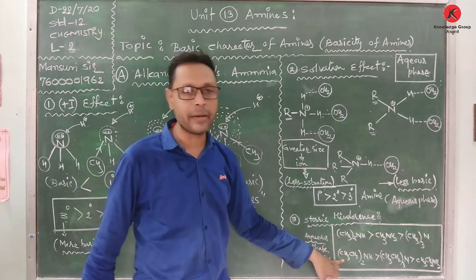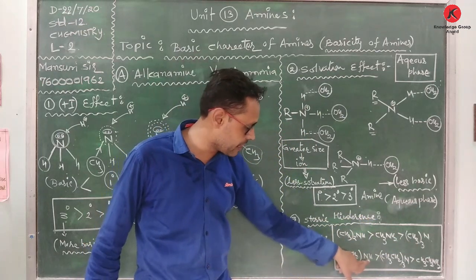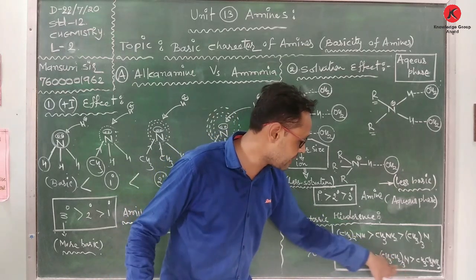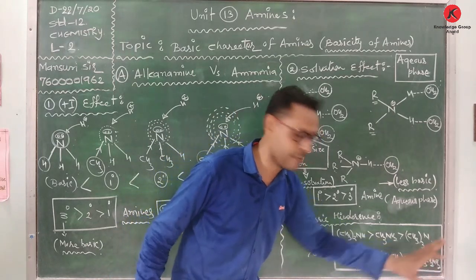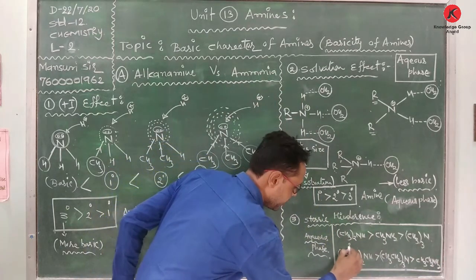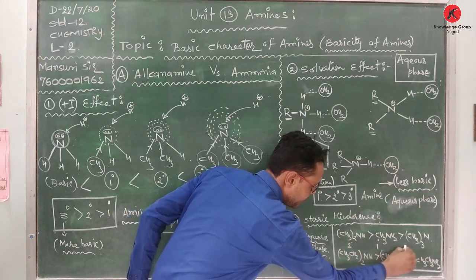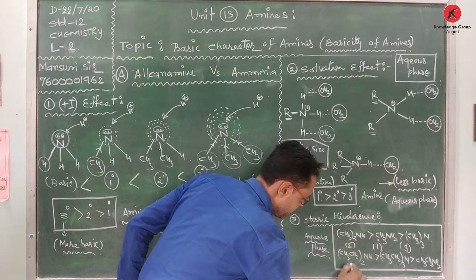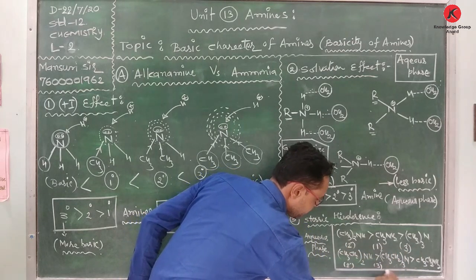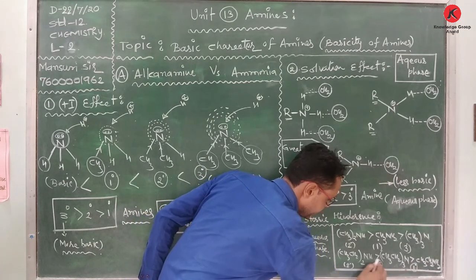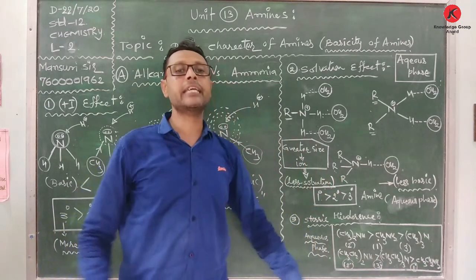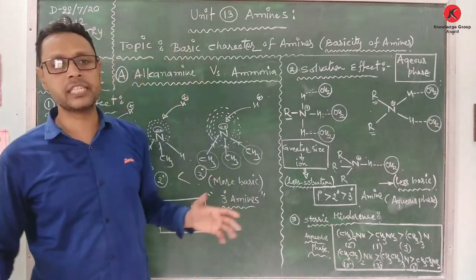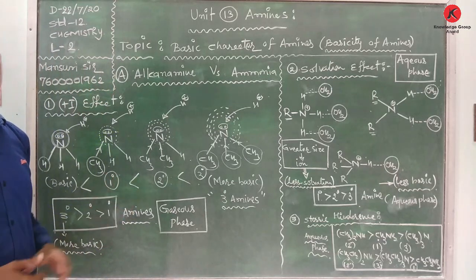But in ethyl amines, we can say that diethylamine will be more basic than triethylamine, and triethylamine will be more basic than ethylamine. So this is 2 degree amine, this is 1 degree amine, this is 3 degree amine. And here 2 degree amine, 3 degree amine, 1 degree amine. So steric hindrance also affects the basicity of your substance.